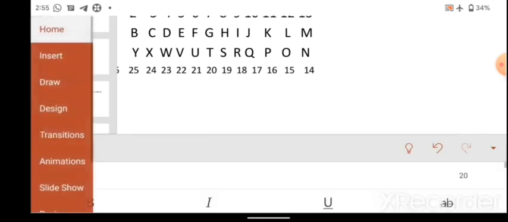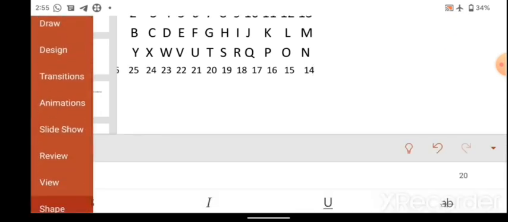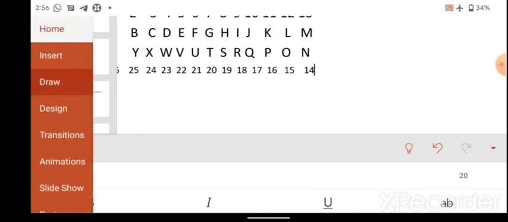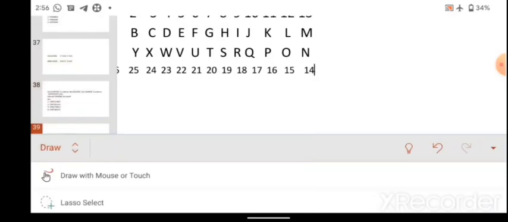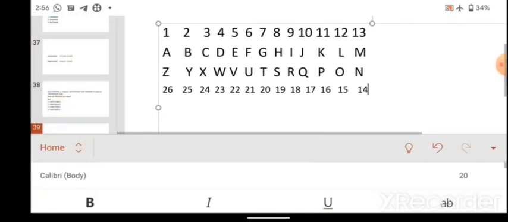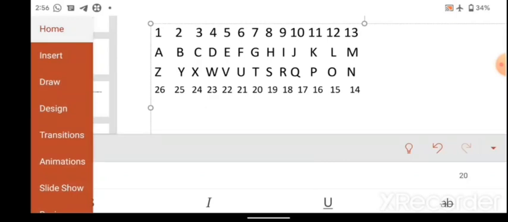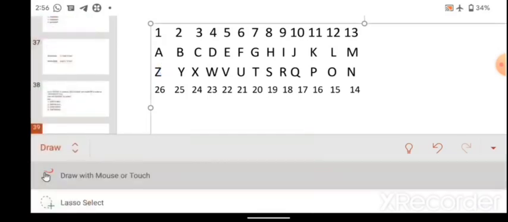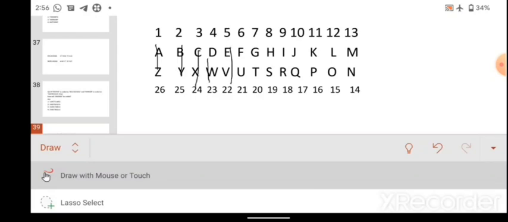You see the correlation? Like this you have to do. It will take 2 seconds after you have your rough sheet. You can draw it in your rough sheet with the help of a pen. It will take you very little time, but it will save a lot of time when solving your questions. So 26 plus 1 is 27, 25 plus 2, so B corresponds to Y, C corresponds to X, D corresponds to W, E corresponds to V, like that. If you make this table, it will be very easy for you during exams, right?